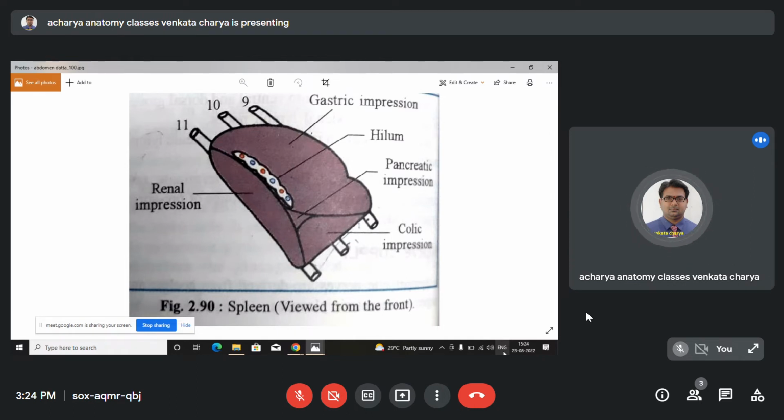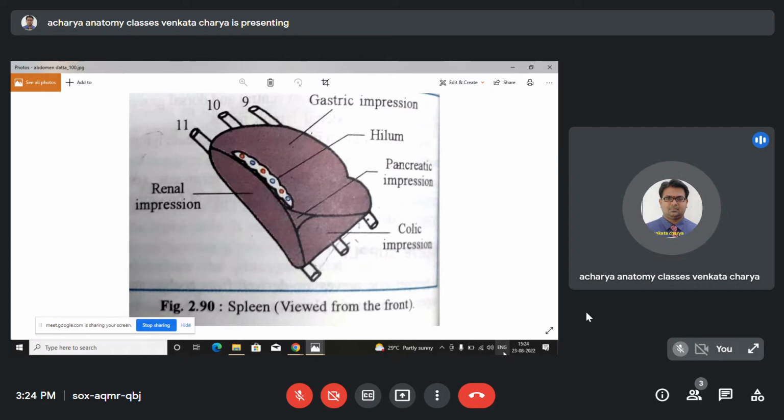Number one, costal surface. Number two, visceral surface. Costal surface and visceral surface.